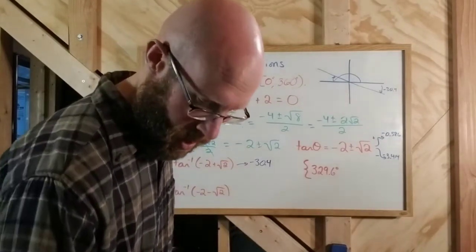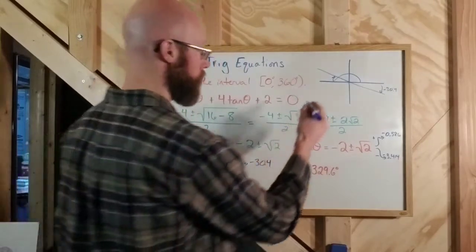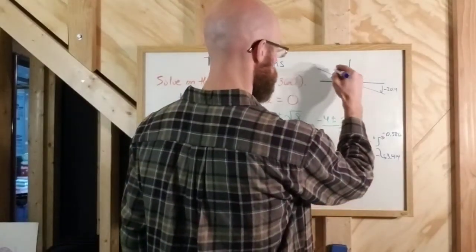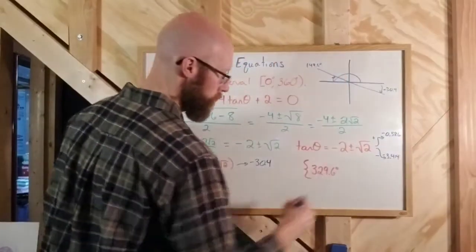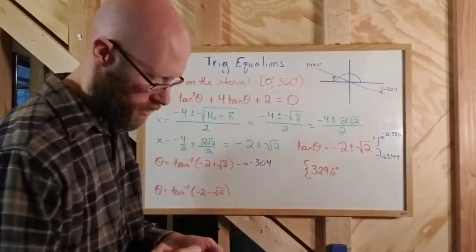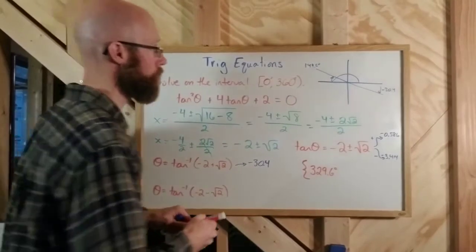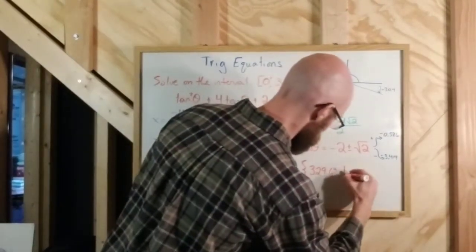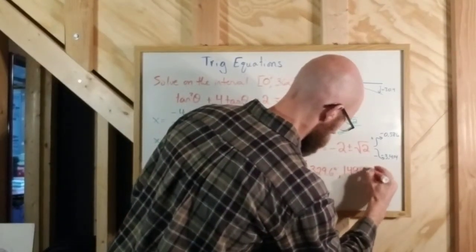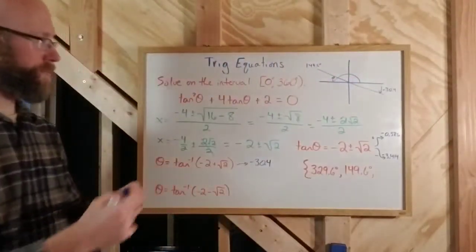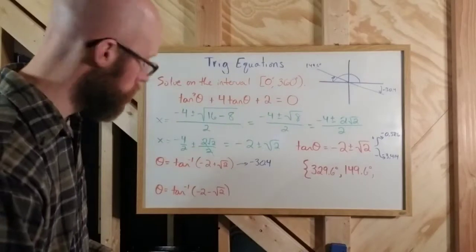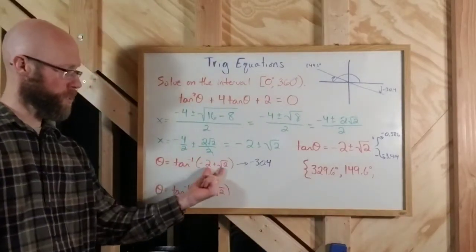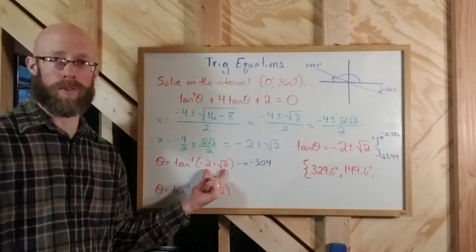So it's 149.6. That will be my second angle, 149.6. So that's my second quadrant angle. So I've got a fourth quadrant angle and a second quadrant angle corresponding to this first value with the sum.